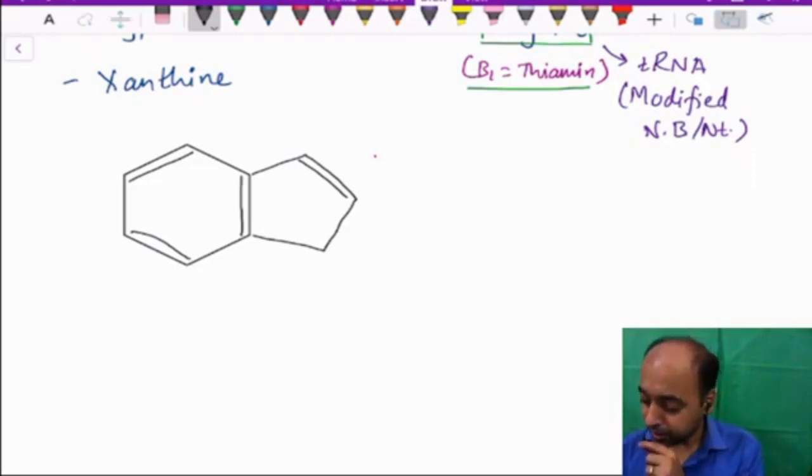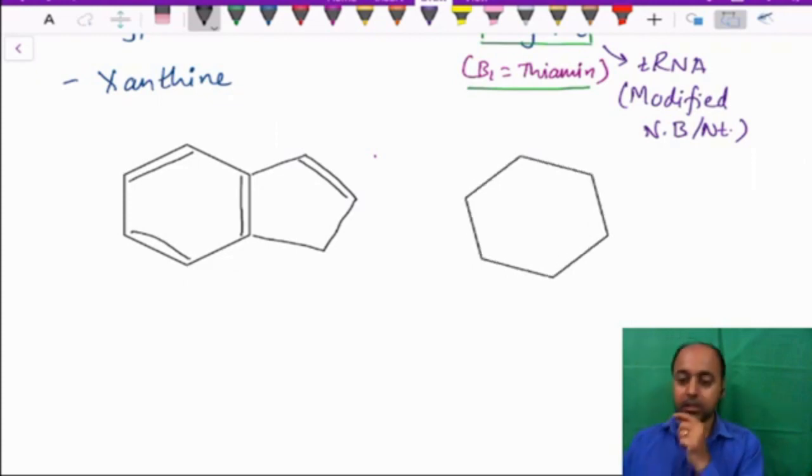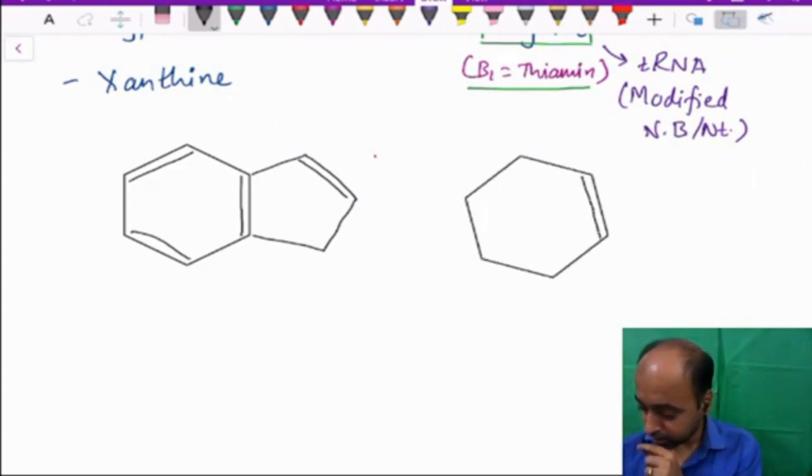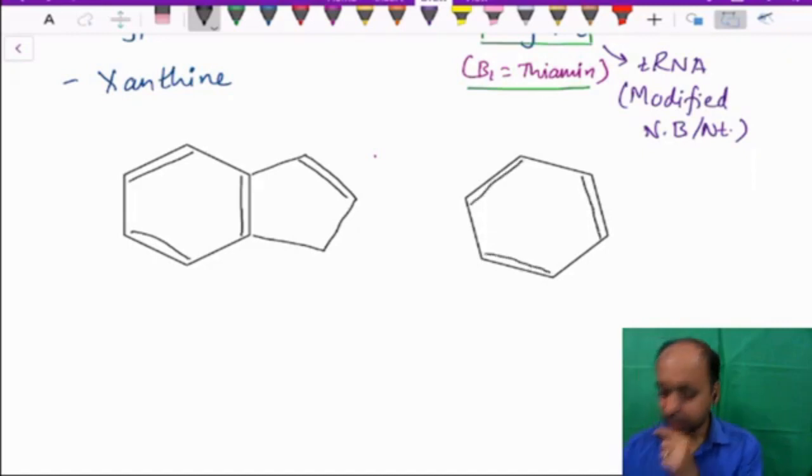Whereas pyrimidine has only a single ring, which is a six-membered ring, again with alternating double bonds.